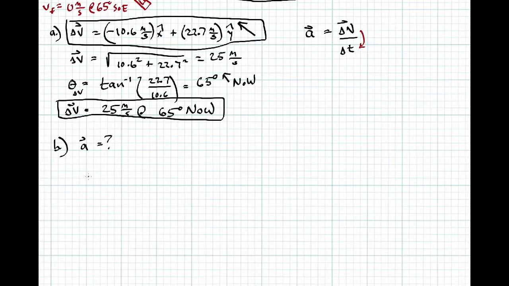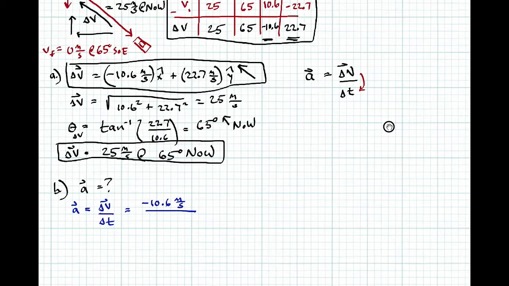All right, well, our acceleration, since that is change in velocity over change in time, means we can simply divide our velocities, whether in the x direction or y direction, by time and we'll get acceleration in that direction. Here's what I mean. This is like saying our acceleration is negative 10.6 meters per second divided by, what's the time?